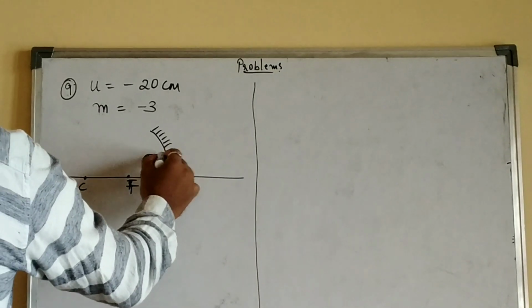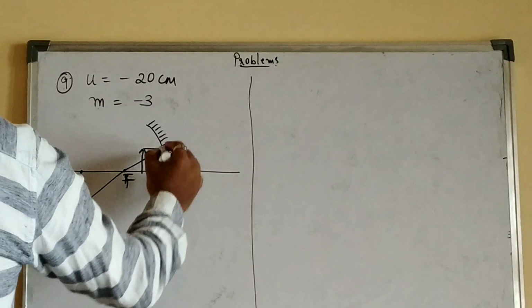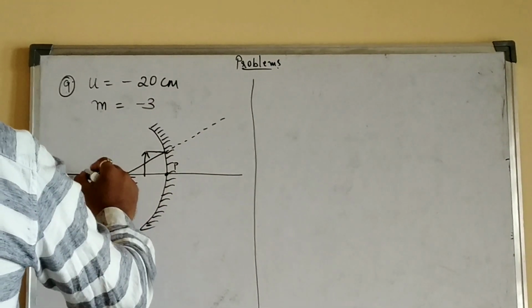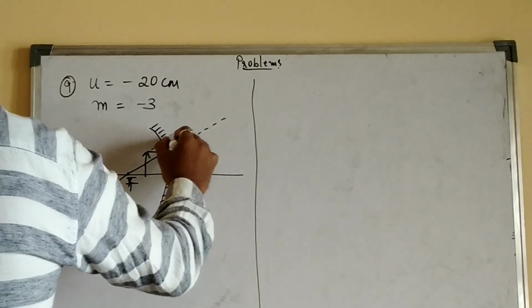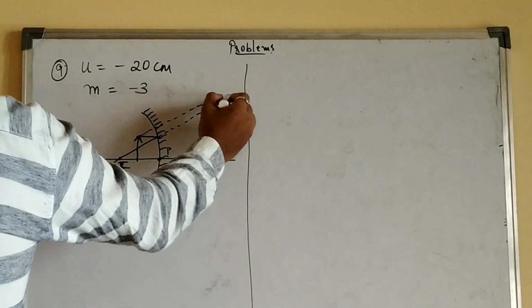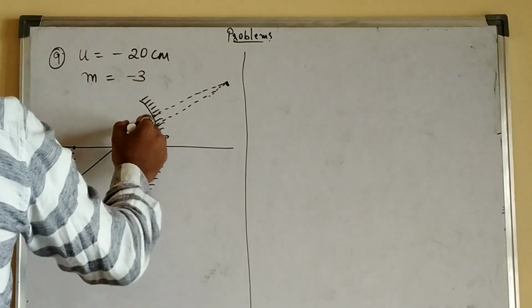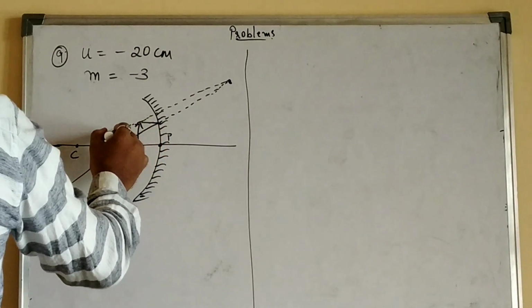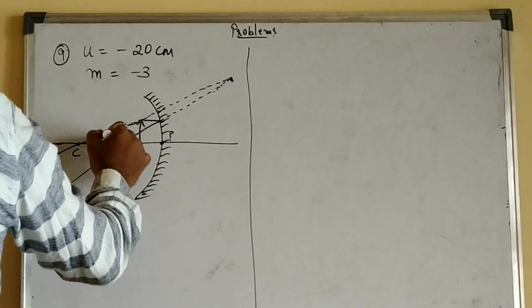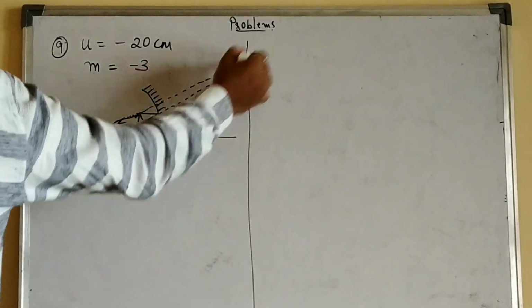Now here see, this is incident ray. One more ray has to go through the focus, extend this further. Then one more ray has to go and meet this principal focus, and the same ray goes and meets this virtual ray. If you are extending it, it should pass through the center of curvature. That's why it retraces the same path. Now this is the reflected ray and it is extended. Why?